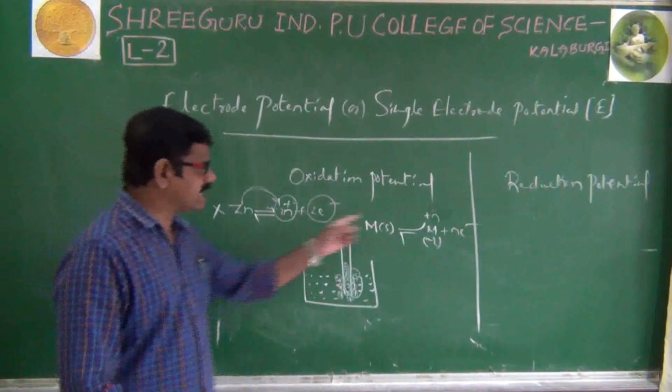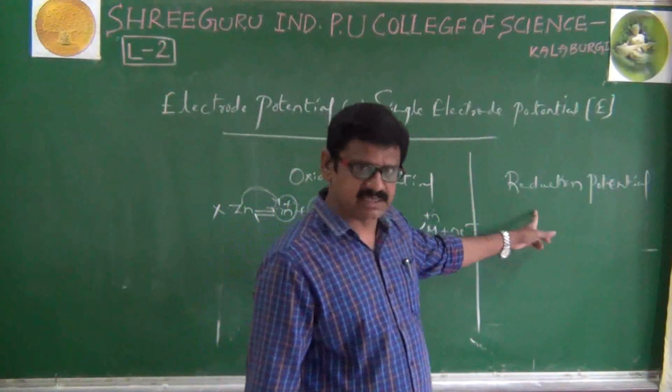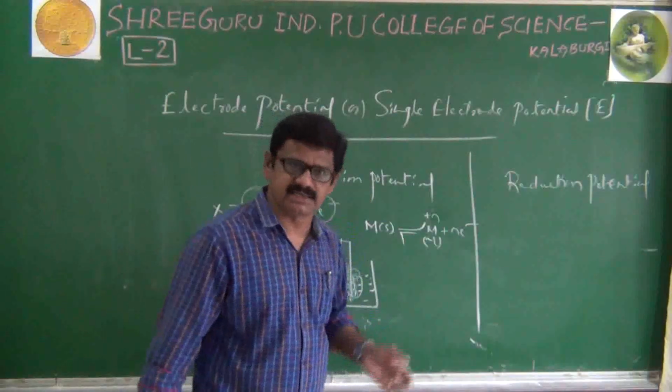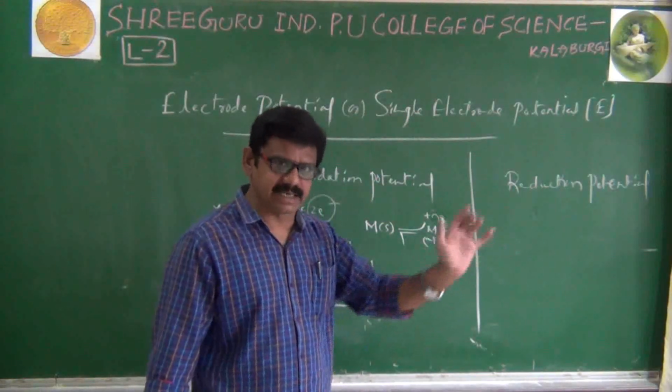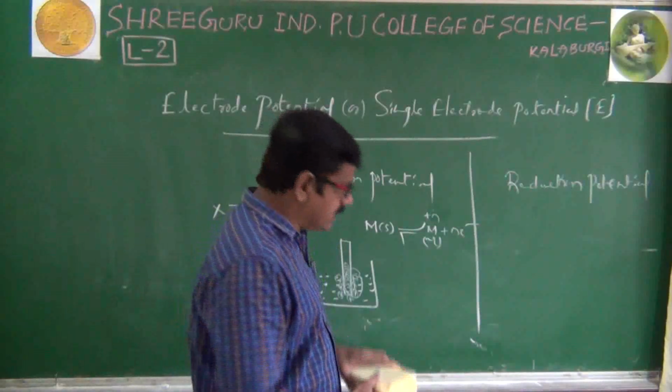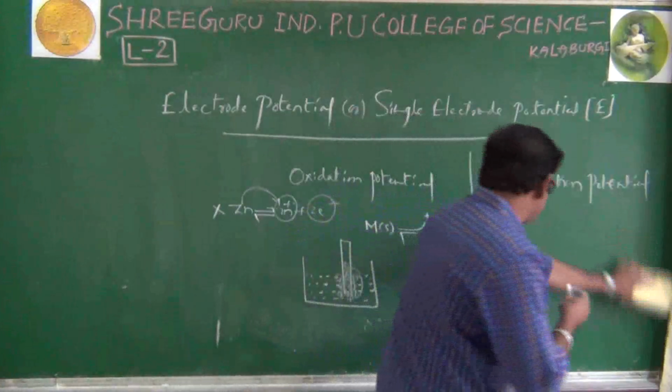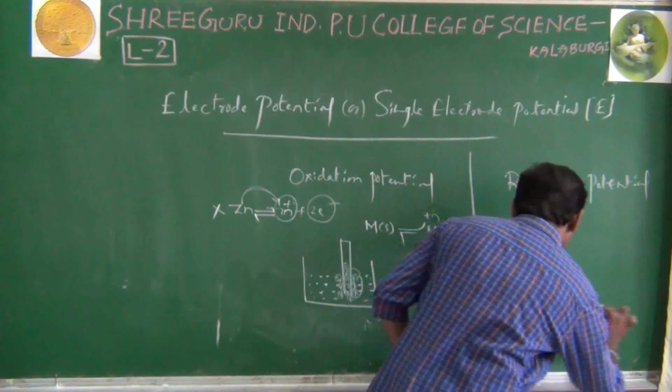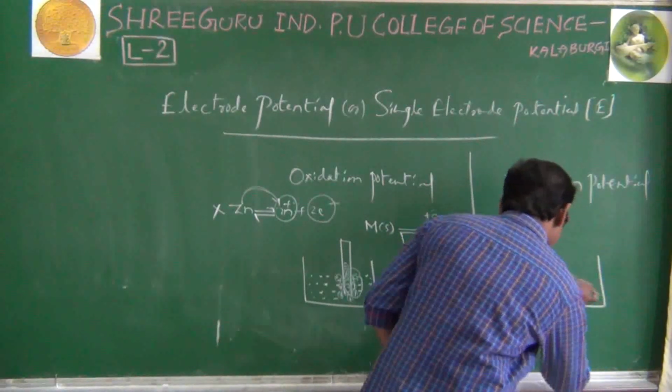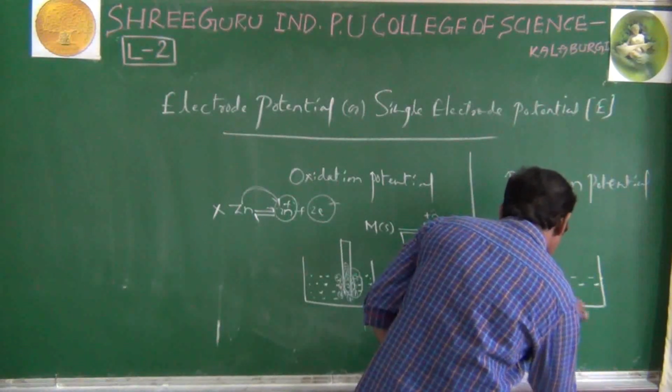Now, in the same way, we will discuss reduction potential. Again, we recall our Daniell cell. On the right side, copper undergoes reduction. Let's see what happens in the copper reduction process.